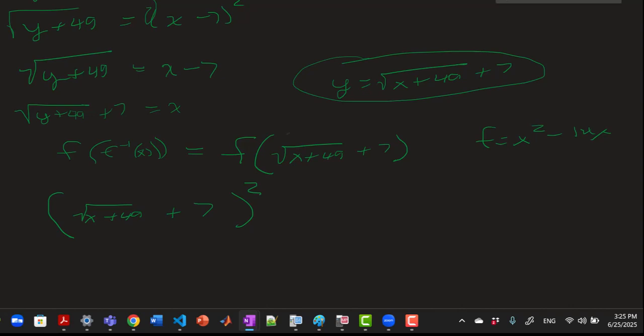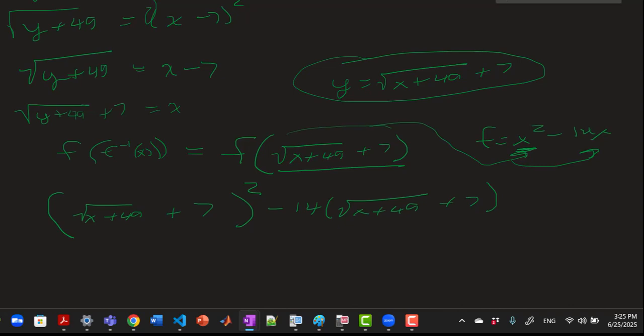So I'm plugging this in for x. I'll plug it in both places. Minus 14 times the square root of x plus 49 plus 7. So I replaced x with the square root of x plus 49 plus 7.